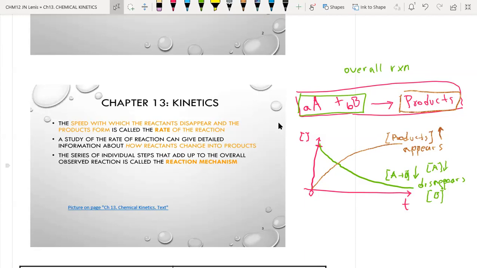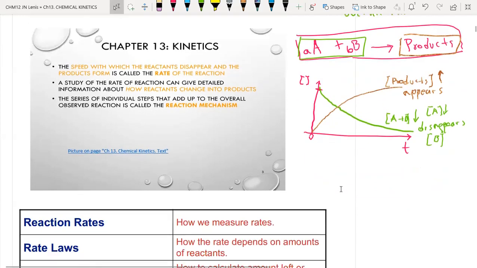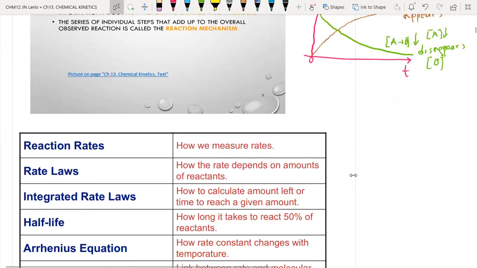And that will help us to find and to write or to propose a reaction mechanism. And we are going to do this. I'll show you how to do that, using the information to propose reaction mechanisms or analyze reaction mechanisms, to prove reaction mechanisms.